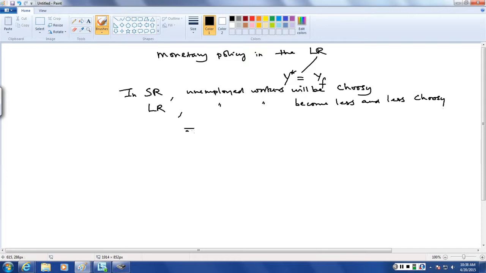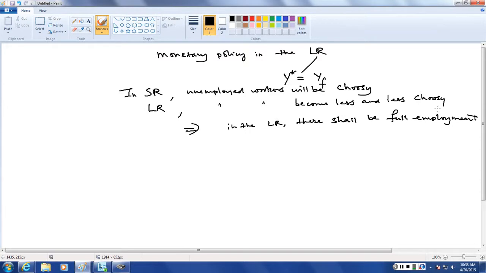And this implies that in the long run, there shall be full employment, in the sense that everyone will be employed. When I say everyone, of course, I'm still excluding the naturally unemployed. But everyone is going to become desperate enough to take a job.